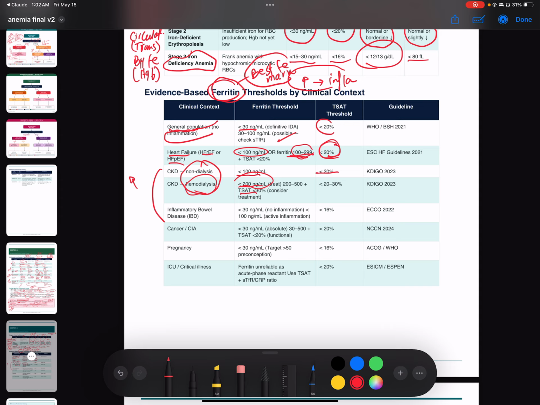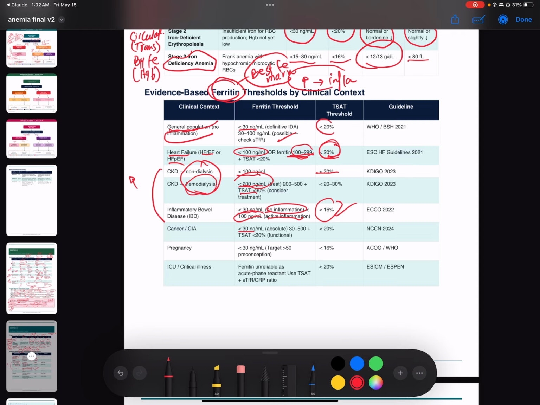In inflammatory bowel disease, if they don't have inflammation, then the threshold will be that of the normal population. If they have active inflammation, then the threshold will be 100. And you also look at other markers, where the TSAT will be below 16. In cancer, a ferritin below 30 would be absolute iron deficiency anemia.